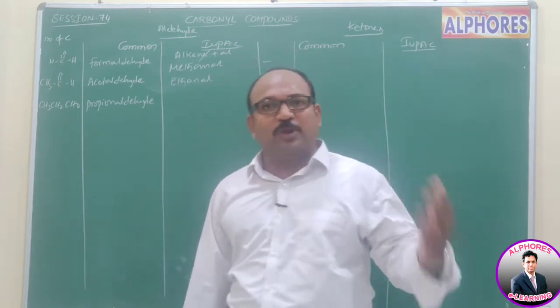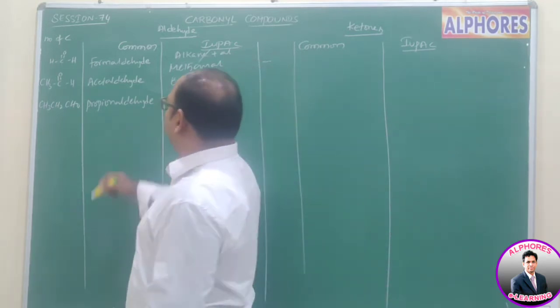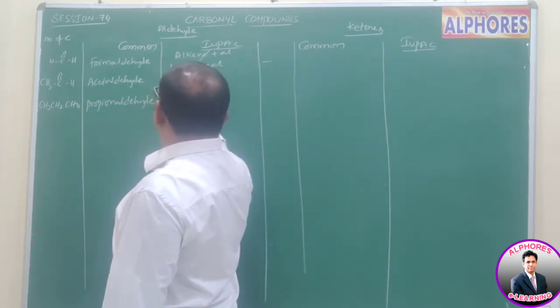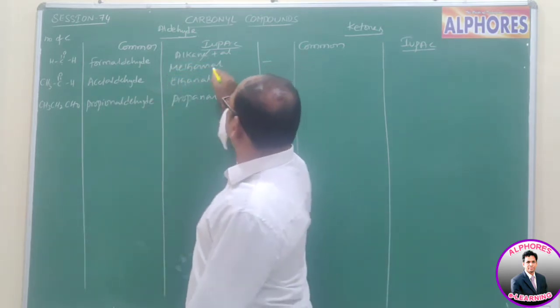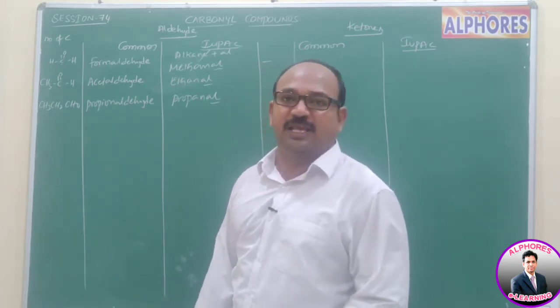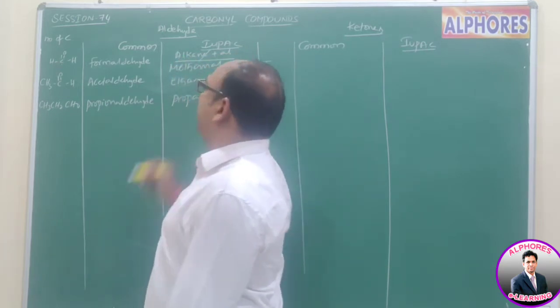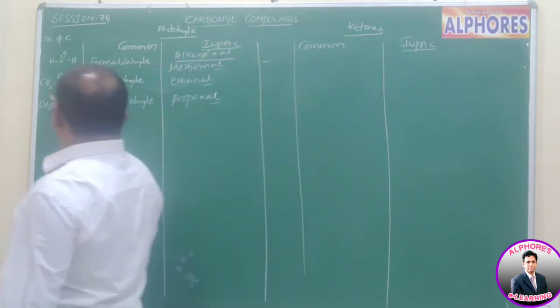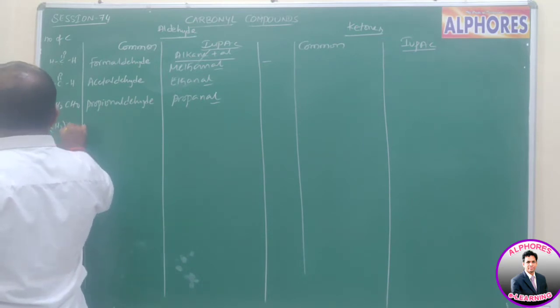So from propionic acid we get the aldehyde name propionaldehyde, and the IUPAC name is prop plus ane plus al, propanal. You observe here that al is the suffix for all aldehydes: alkane plus al, simply alkanal.